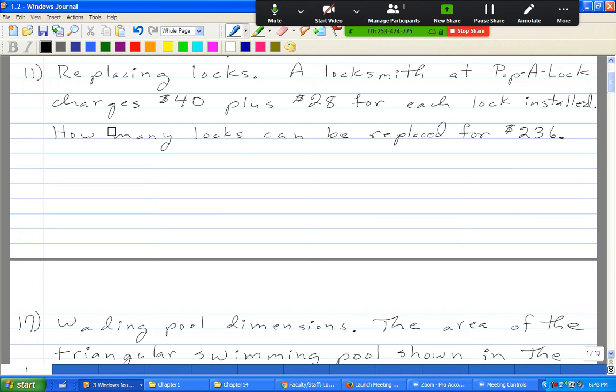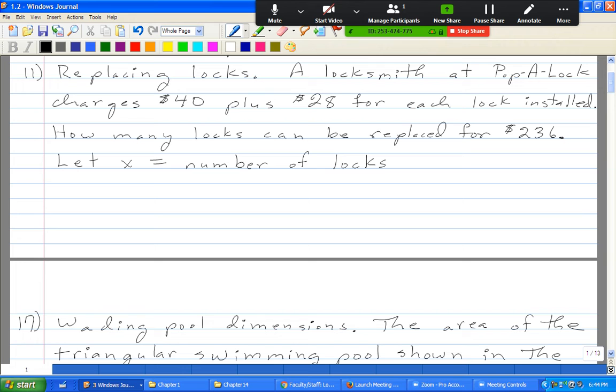It's asking for how many locks. And so let x be the number of locks. I usually just rapidly read the question and see what the question is asking, and then from there, see what the data is.